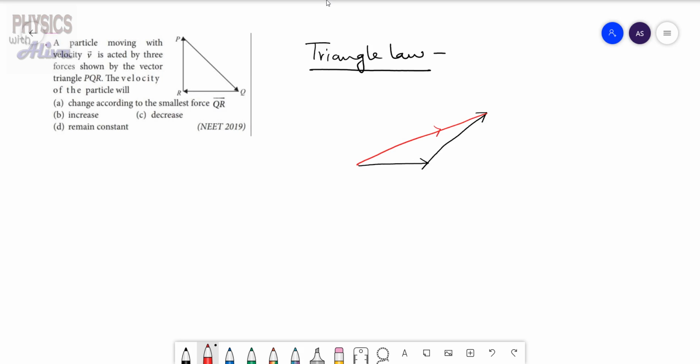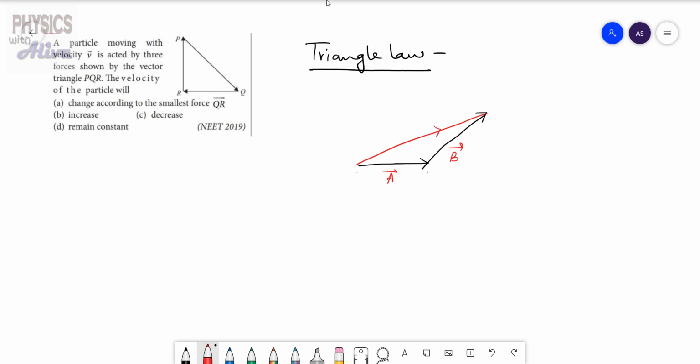Suppose this is A vector, this is B vector. These A and B vectors are representing two sides of a triangle taken in order. They are taken in the same order: head to tail, head to tail.